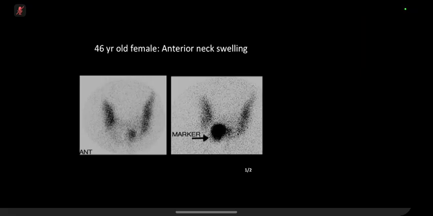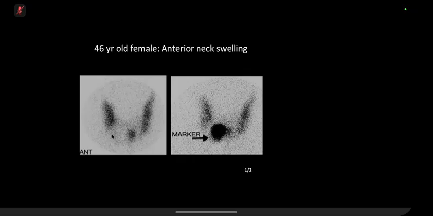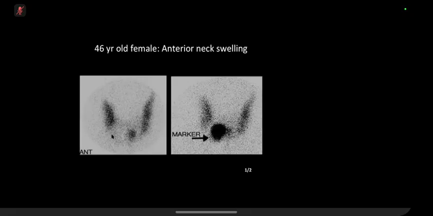So in the anterior view, there's a photopenic area on the left-hand side, over here. Is that the left-hand side or the right-hand side? I'm not sure how to tell.